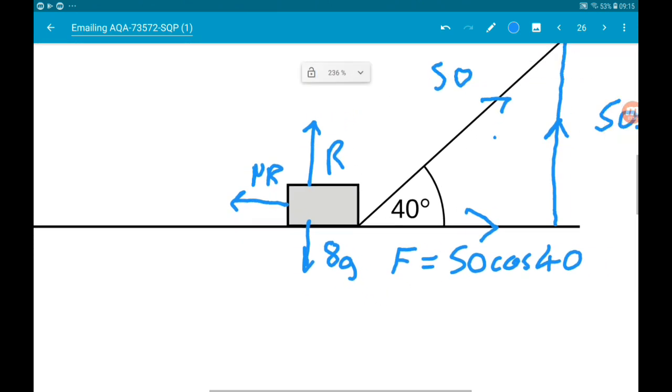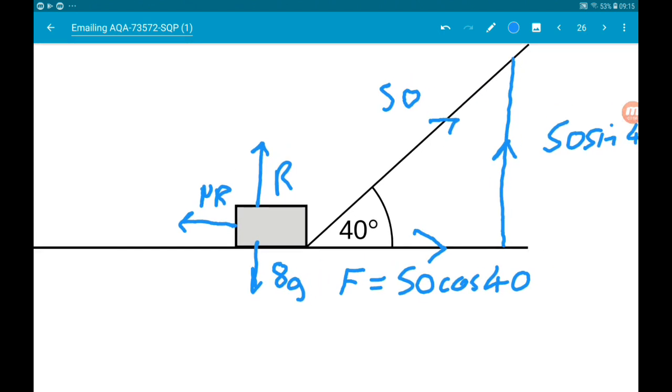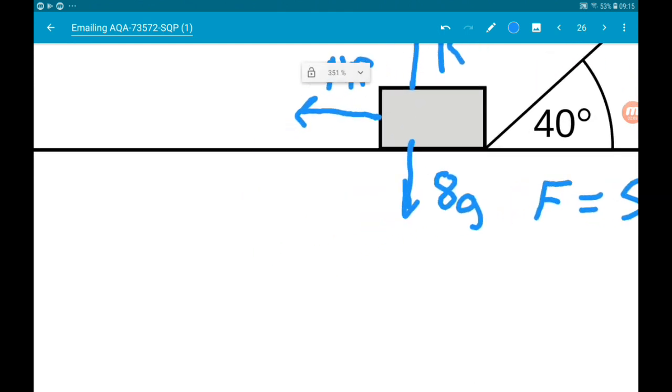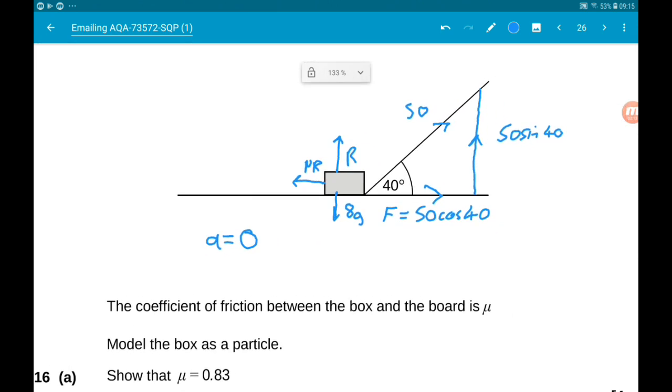Now we also know that because the box is travelling at a constant speed, the acceleration of the box is equal to 0. So that's what we've got up to this point.